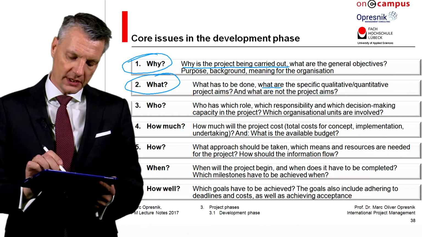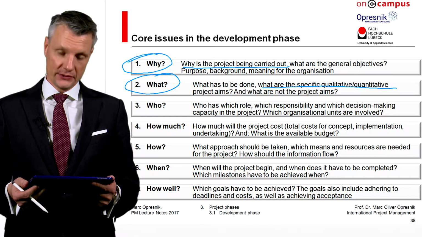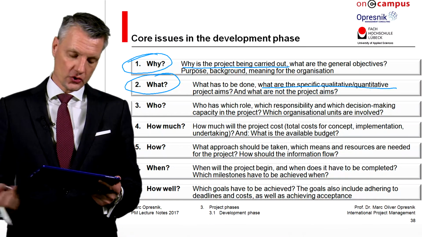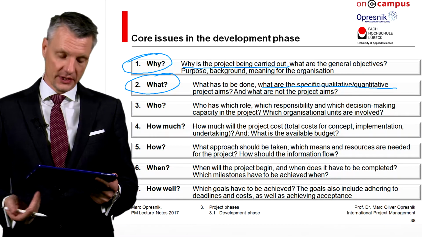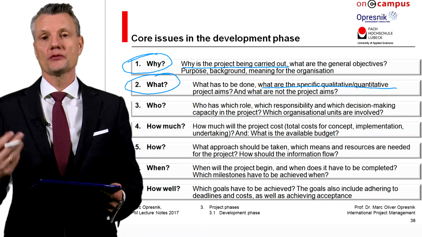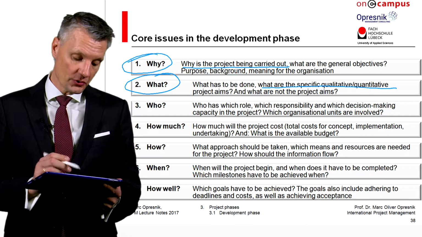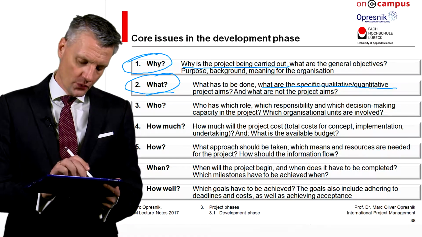So, what are the specific qualitative and quantitative project aims? What do you want to achieve in terms of, for example, turnover increase, profitability, but also probably soft goals like customer satisfaction? We come to this later on.